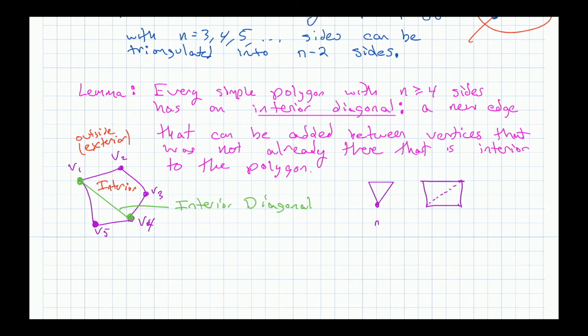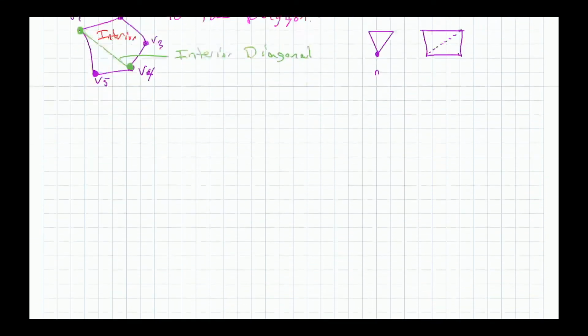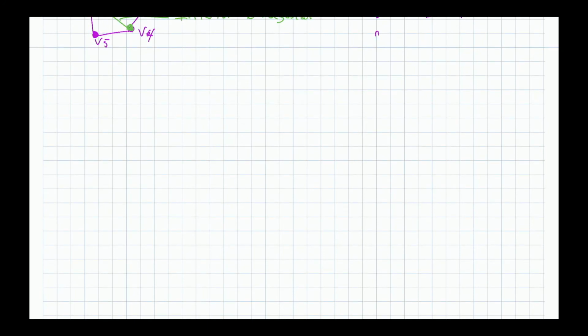Okay. And you need that before you do this proof that every simple polygon can be triangulated into n-2 triangles. I wrote sides. That's the wrong word. We're triangulating into n-2 triangles. Okay. So what would the proof look like for that theorem? So we're going to prove, for an induction proof, this is going to be the triangulating, not the interior diagonals.